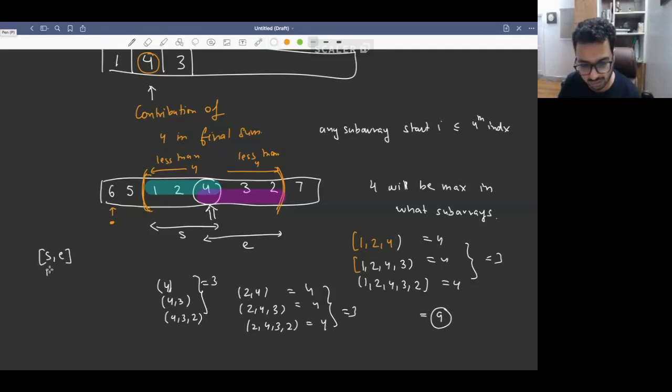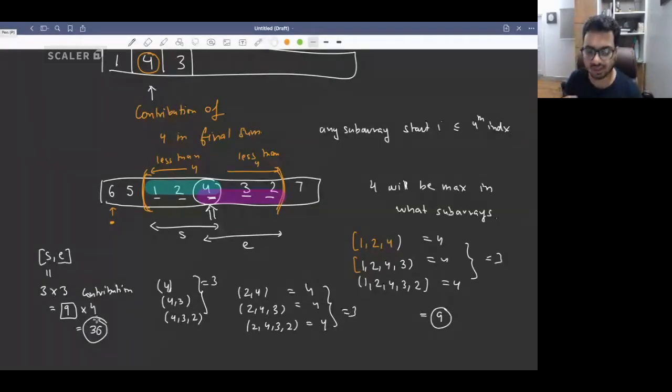So in order to pick the start, I have 3 ways. In order to pick an end, I can pick this 3 ways, 9. So how much will be the contribution of 4? Into 4. That will be the contribution. 9 4s are 36. So 4 will contribute 36 in the final answer.